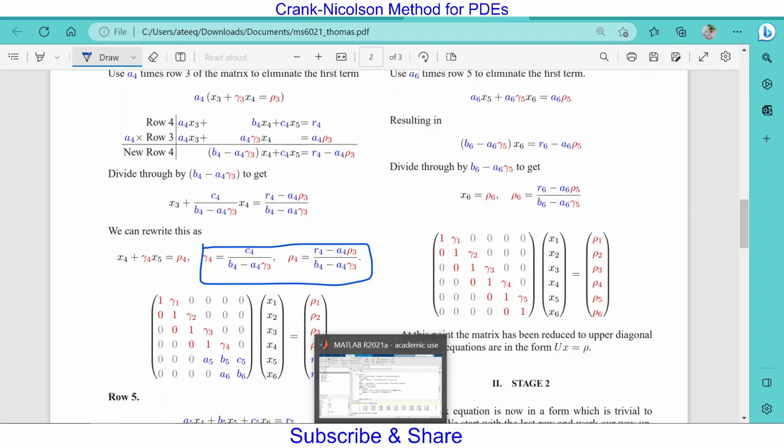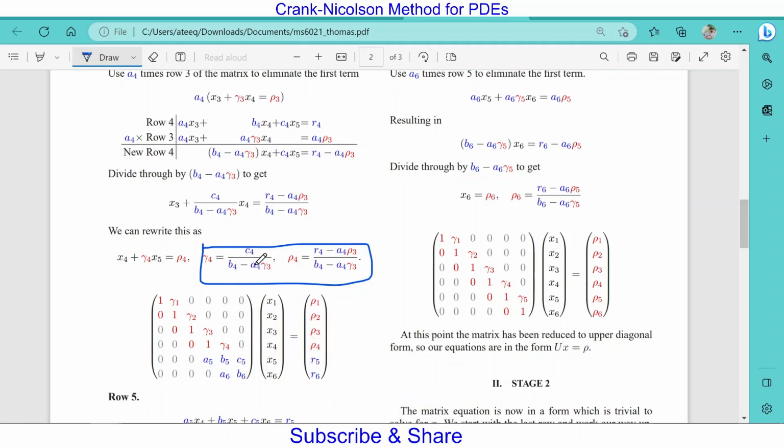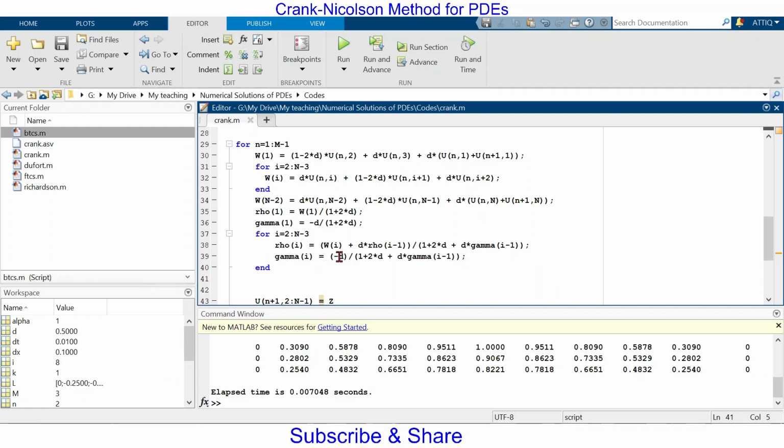If this is gamma 4, it will be C4, but all the C's are minus D, and all the B's are 1 plus 2D, all the A's are also minus D. But if this is 4 here, this is gamma 3 here. If this is I here, it will be I minus 1 here. So for gamma I, it will be something like this.